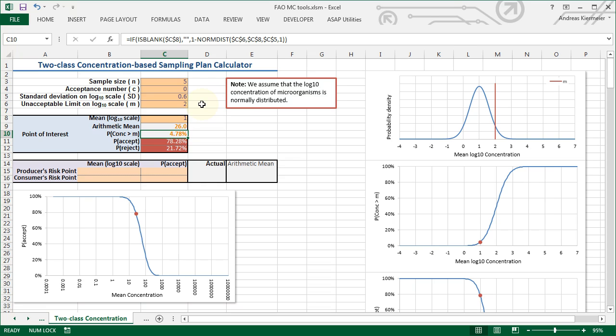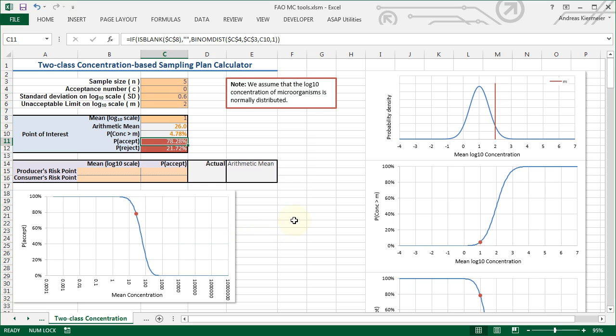In addition, this particular sampling plane with n equals 5 and c equals 0 results in almost an 80% chance of accepting lots with this particular mean concentration, and the corresponding point is also shown on the OC curve.